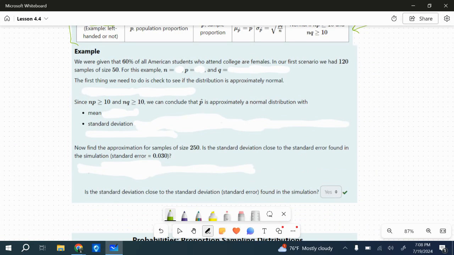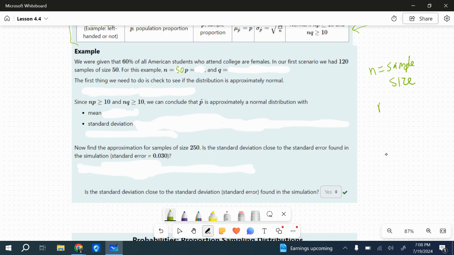Say we are given an example that 60% of all American students who attend college are females. In our first scenario, we had 120 samples of size 50. For this example, n is your sample size, so n equals 50.